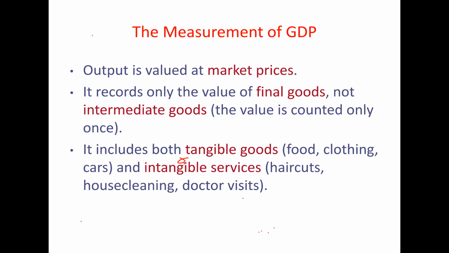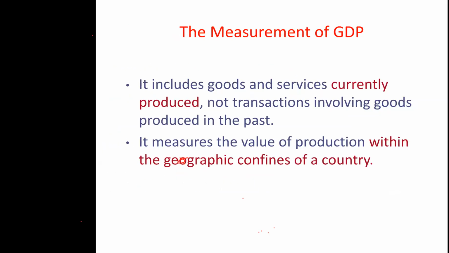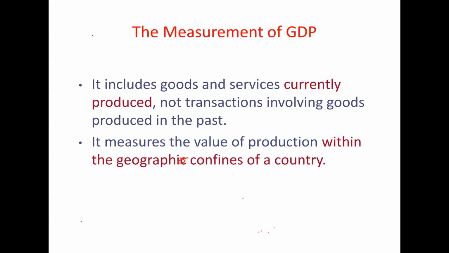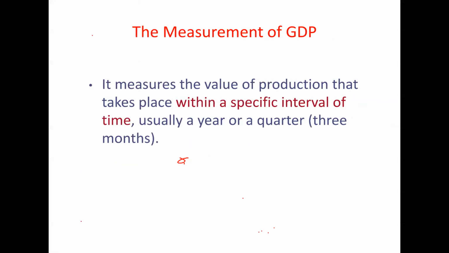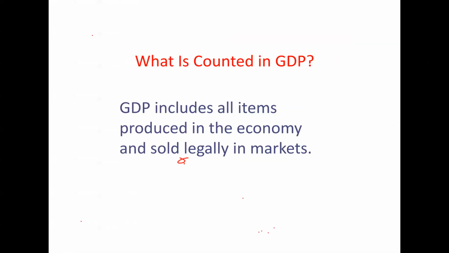It includes the goods and services currently produced, not transactions involving goods produced in the past. We are not interested in what was produced in the past already. Are we all fine?